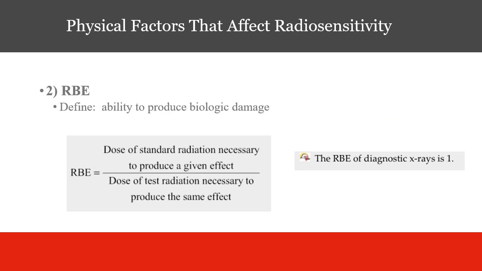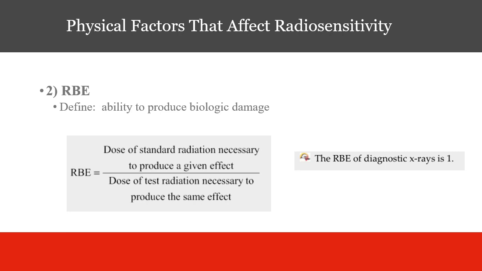RBE refers to the ability to produce biologic damage. So you can think of the RBE as the damage. RBE stands for relative biologic effectiveness, the ability to produce biologic damage. The definition given in your textbook is also just this equation. We nicely don't have to calculate it either, but the RBE for diagnostic x-rays is 1.